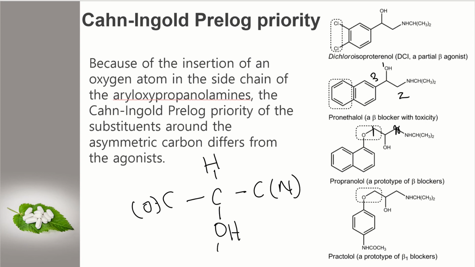So it would be 1, 2, and 3. So that is the point that we're making. So even though I didn't draw the wedge or the hash with the hydrogen, etc., that is how you should draw it when you're drawing a 3D structure. I'm just trying to explain here that the priorities change for the oxypropanolamines.